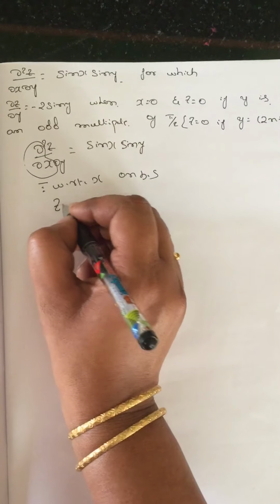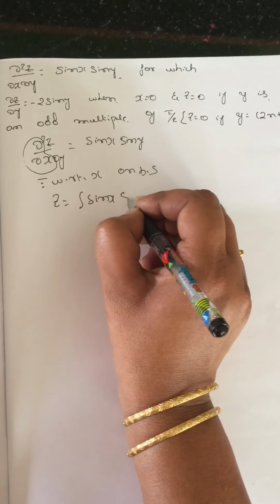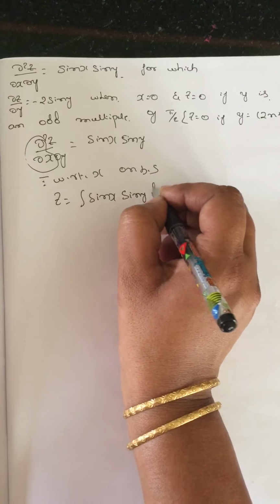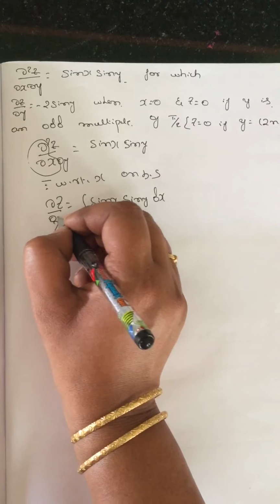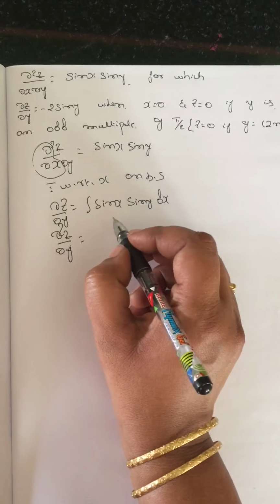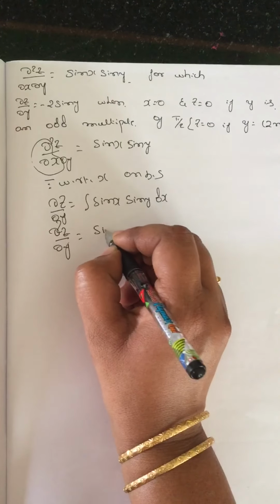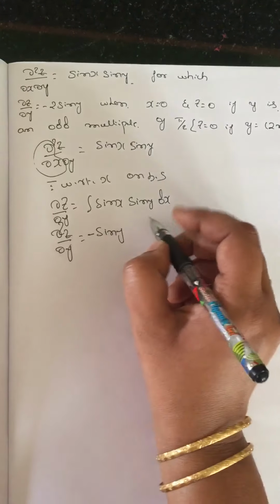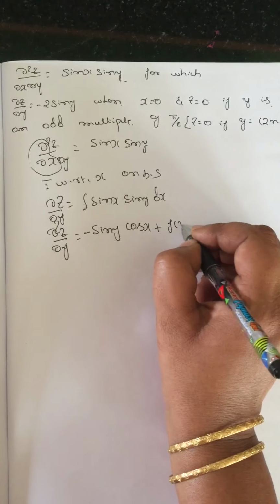That is del z by del y is equal to the integral of sin x into sin y dx. Here sin y is constant, and the integral of sin x is minus cos x plus f of y.